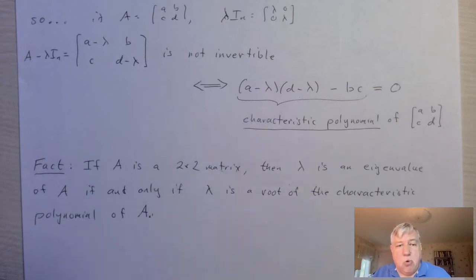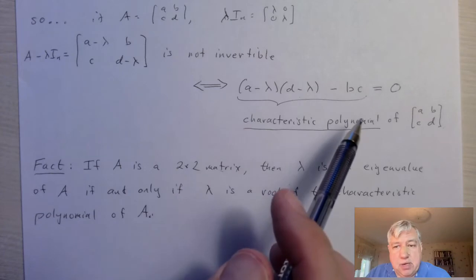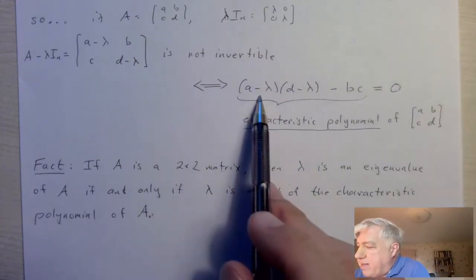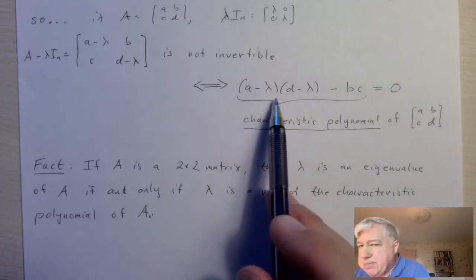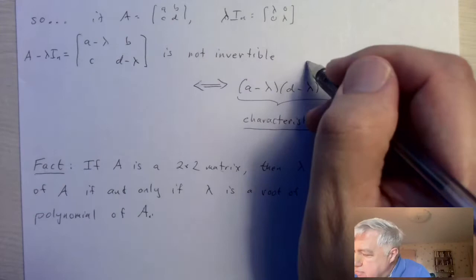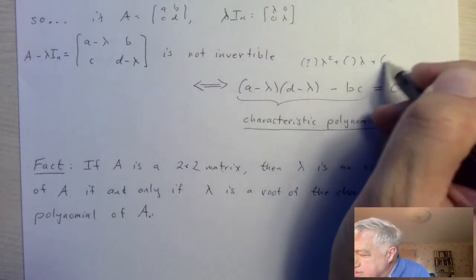And remember, as of right now, we don't know what lambda is. If we treat lambda as a variable or an indeterminate, this is going to be a polynomial in lambda. If you multiply this out, you'll see it's something times lambda squared plus something times lambda plus something.